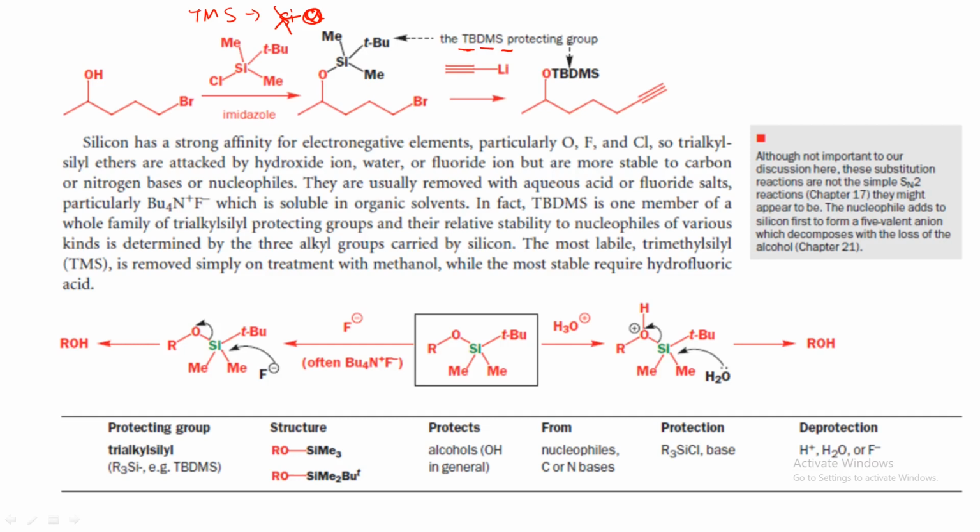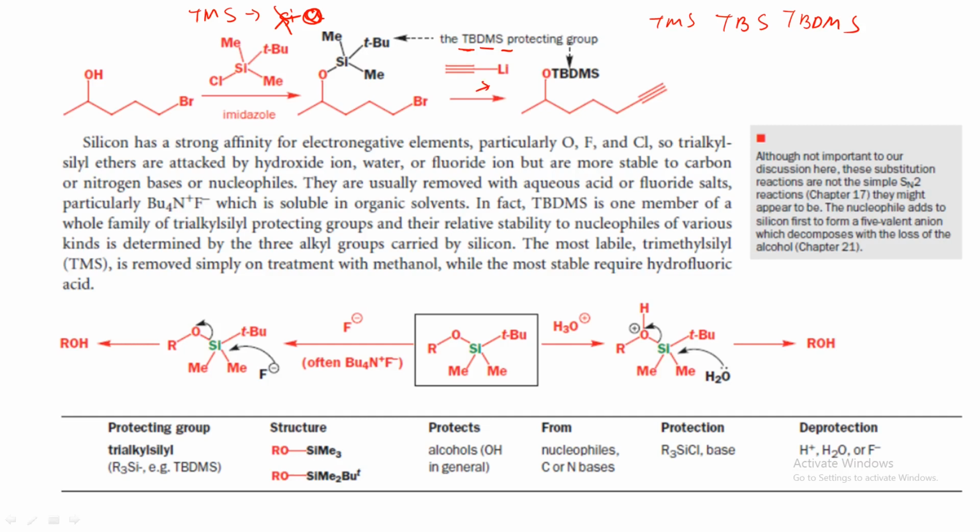The most important thing is they are all silicon-based. So TMS, TBS, TBDMS. This kind of protecting group is used in protection group chemistries, and this is for the protection part, because you can see we have these two and they are going to do one lithium addition.